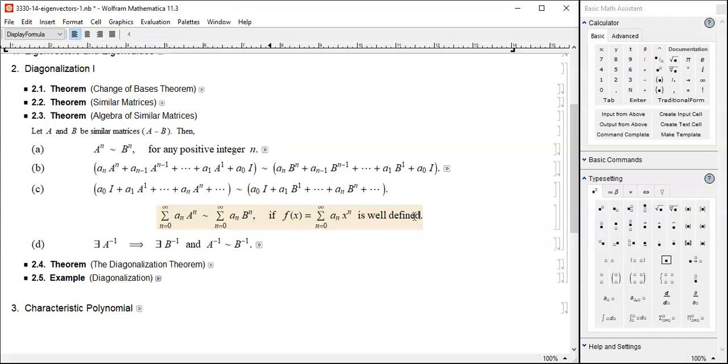But for exponential functions, yes, it does. Exponential is well defined from negative infinity to infinity. Everybody knows that, right? We did it in calculus too. The interval of convergence for exponential is negative infinity to infinity. So it's okay for exponential. And for a differential equation, we need only exponentials.